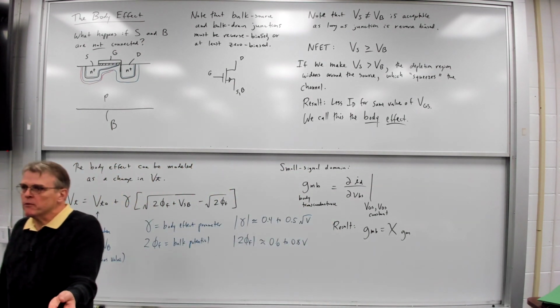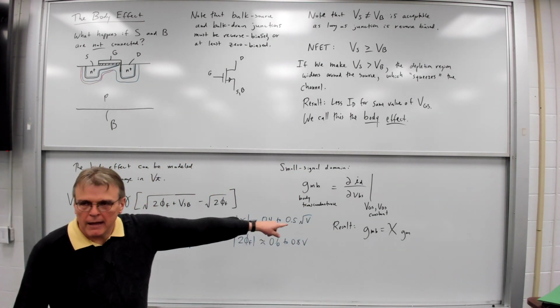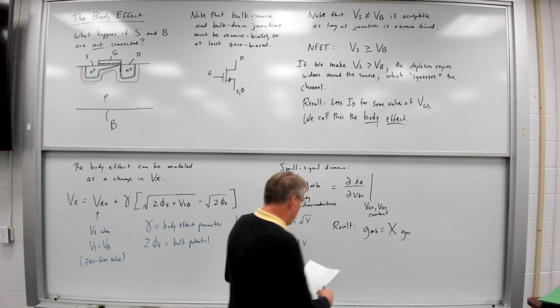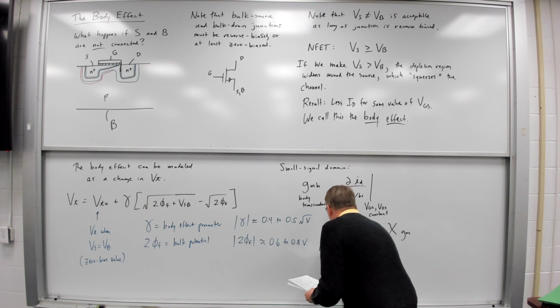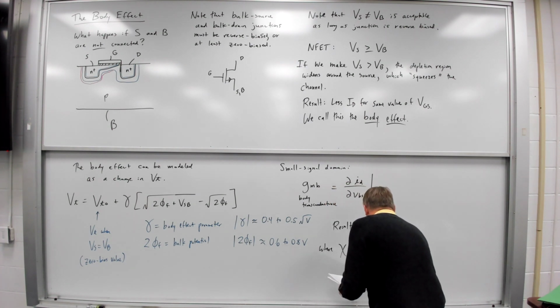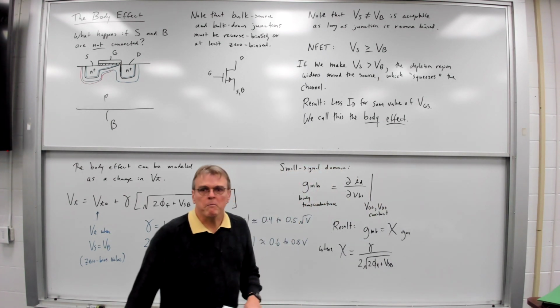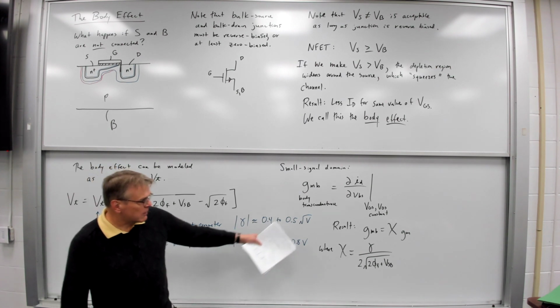So G sub M for the transistor, we can multiply it times some factor and get GMB. And in this case, this will be equal to the following. And that is our multiplication factor. So this is our scaling factor.